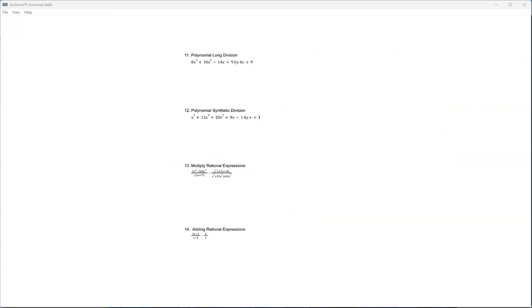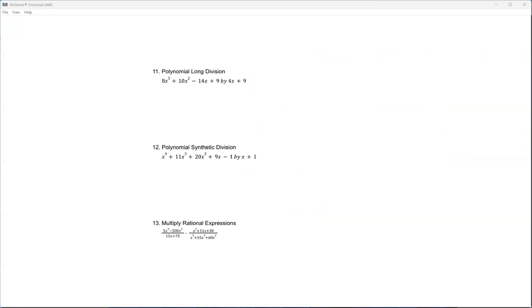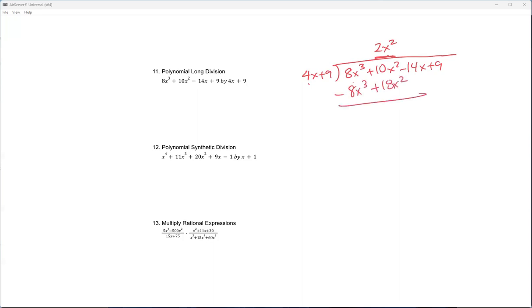Long division here. So we go 4x plus 9 divide. And then what's inside is 8x to the 3rd power plus 10x squared minus 14x plus 9. So what number times 4x equals 8x cubed is 2x squared. So that's 8x cubed plus 18x squared. You minus and you change the sign. It'll be negative 8x squared minus 14x.